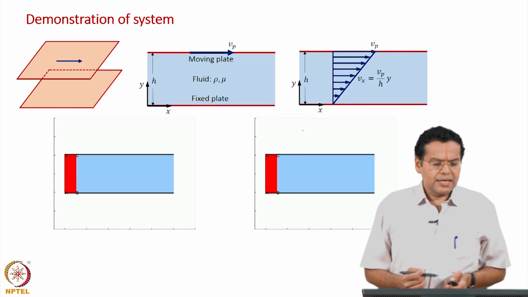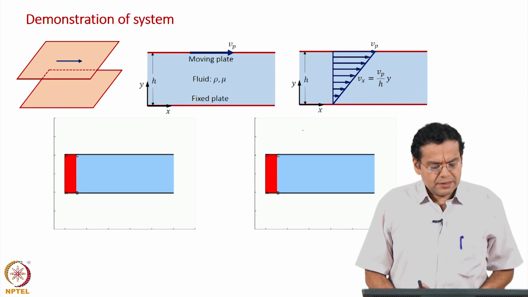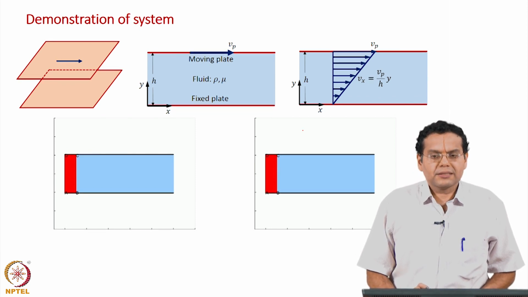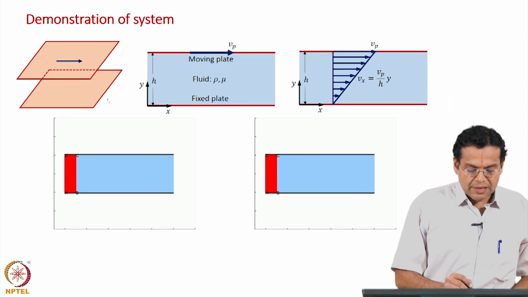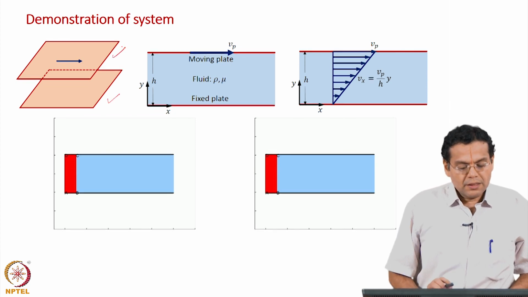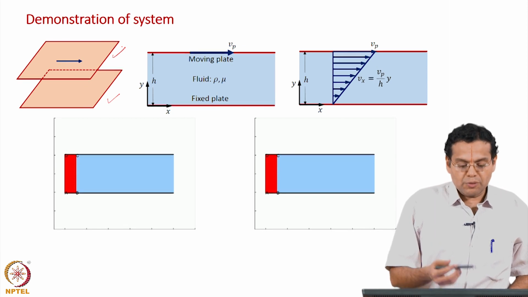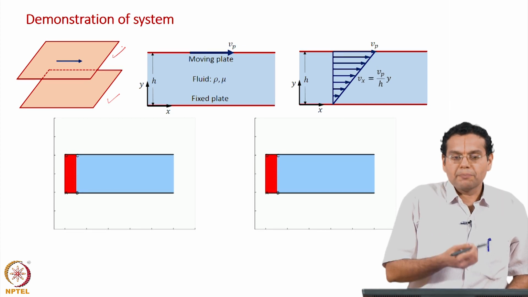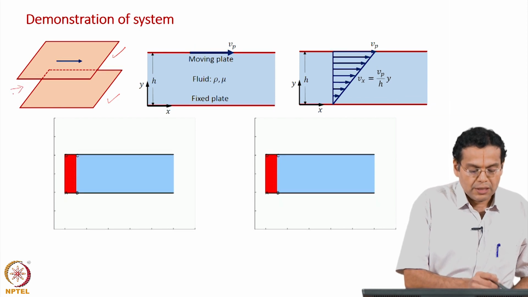Okay. So, let us demonstrate that. This geometry looks similar to our usual flow between two parallel plates, but with a difference. Here again we have two parallel plates, but in the earlier case both the plates were stationary, and a pump or external device made the fluid flow between the two parallel plates.